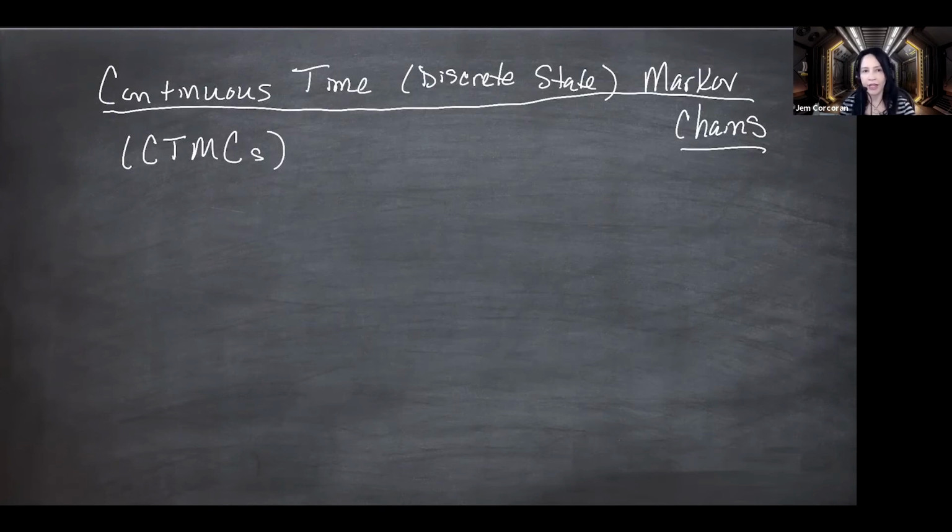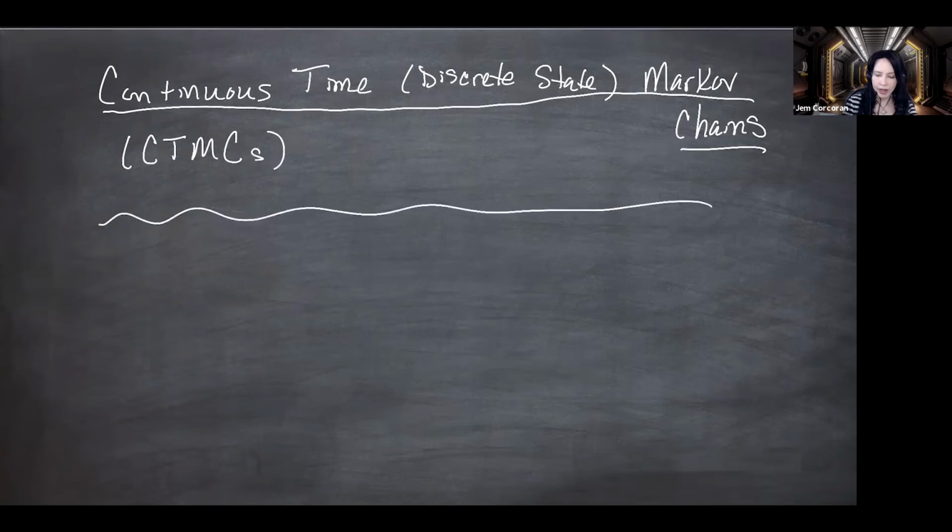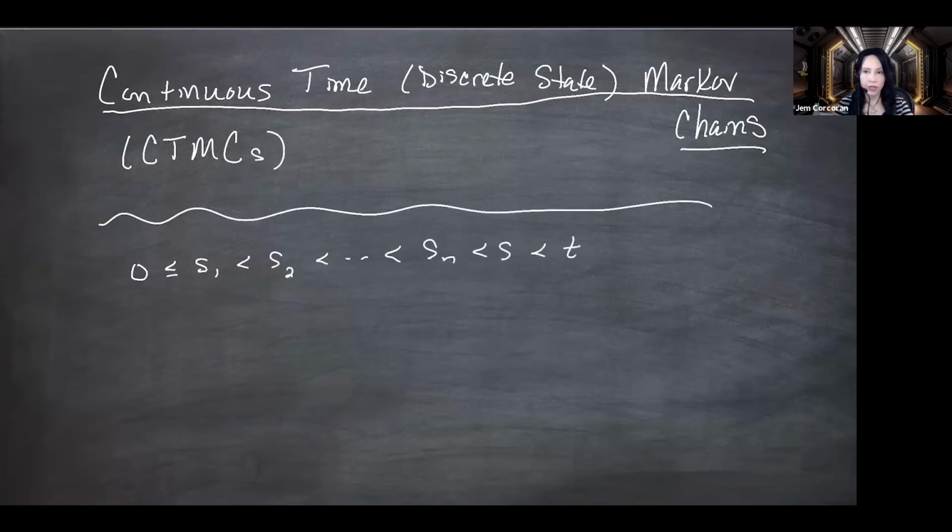Now, I already defined the Markov property way back, and I'm going to write it sloppy here without the fix an i, fix an s1 through sn. The Markov property says that if you have 0 less than or equal to some real numbers s1 less than s2 less than sn less than s less than t, this statement has to hold for all n and for all choices of these real numbers.